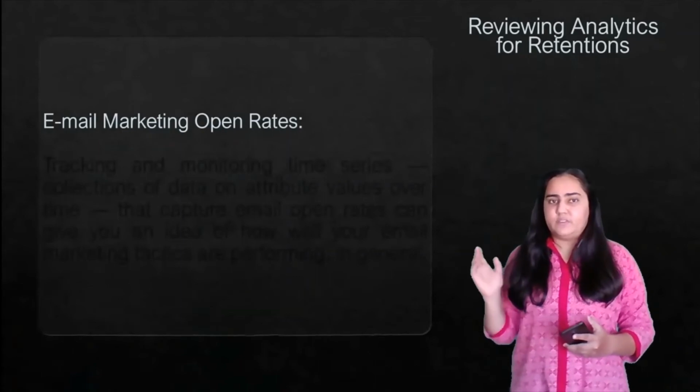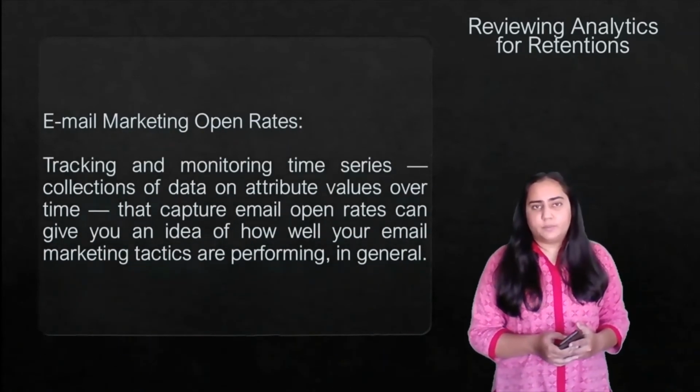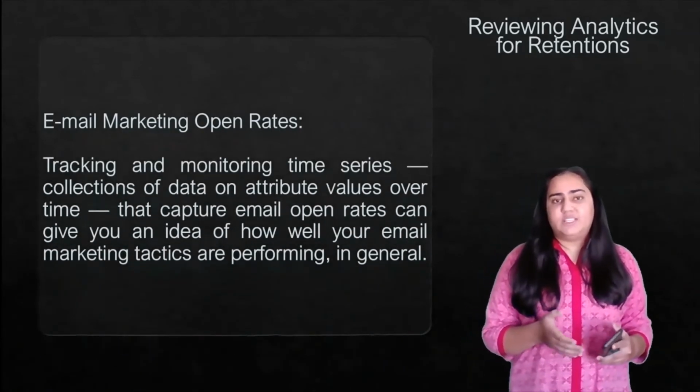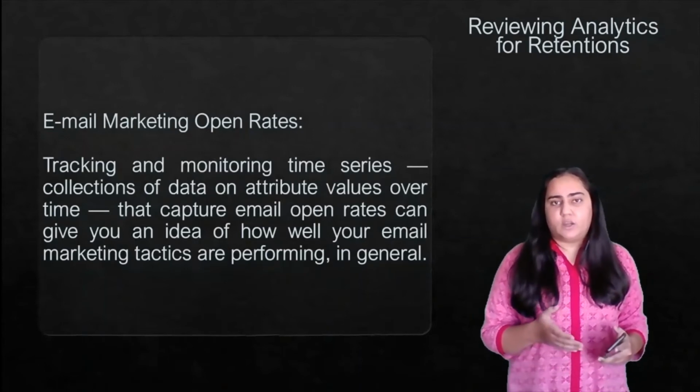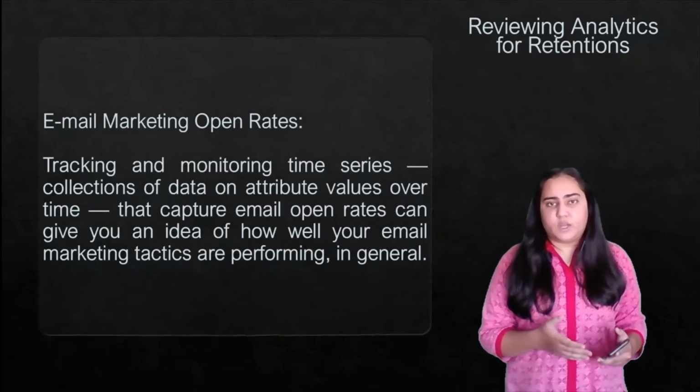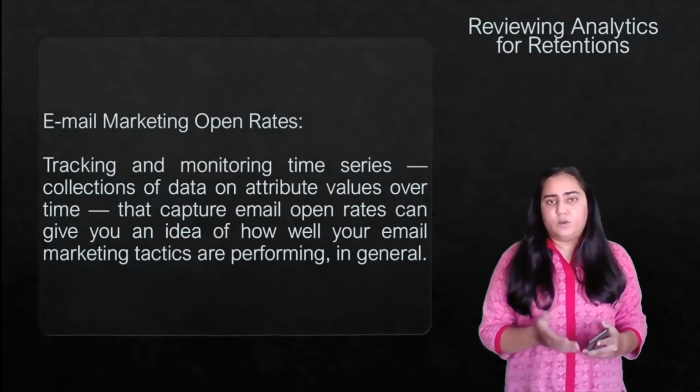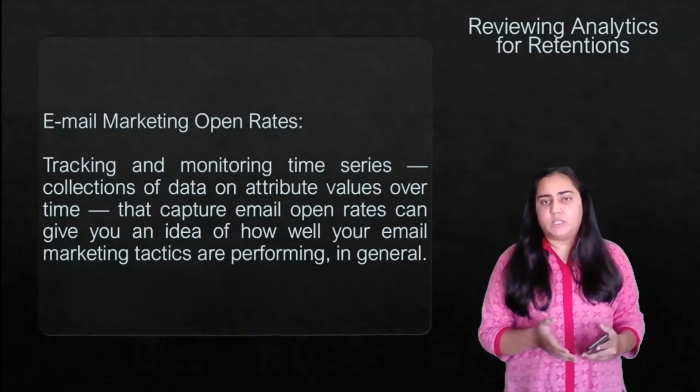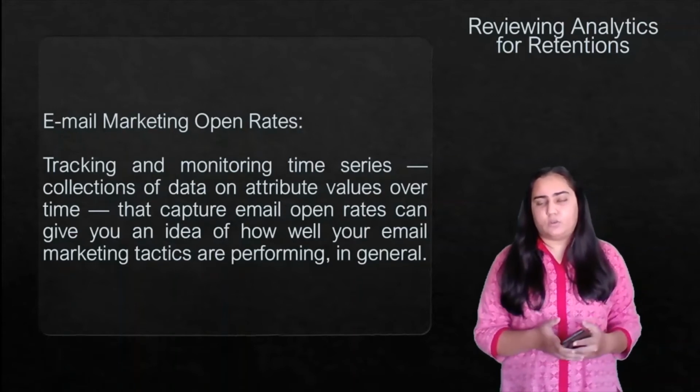So first you have email marketing open rates. Tracking and monitoring time series, collections of data on attribute values over time that capture email open rates, can give you an idea of how well your email marketing tactics are performing in general.